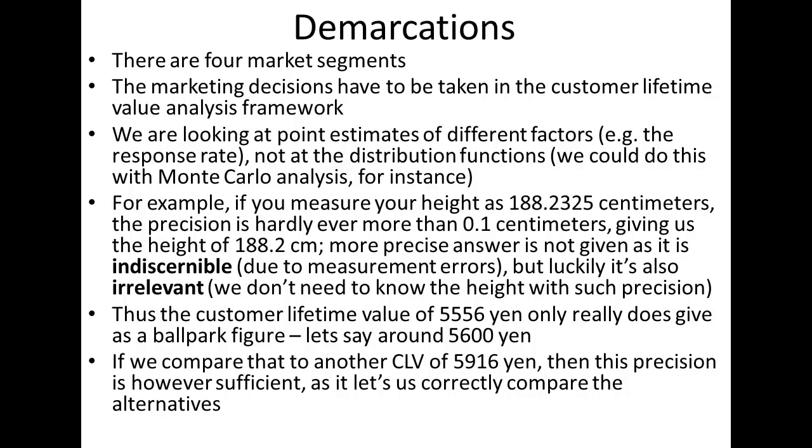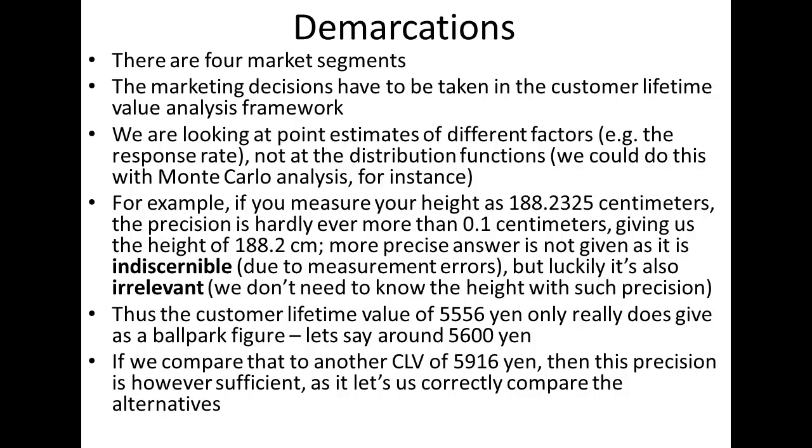That actually makes our model simpler, because if we had used distribution functions, like some probability of 25% joining, some probability of 30 joining, or 20 joining, and so forth, then this more intricate model would have led us to use, for instance, Monte Carlo analysis and get a more precise value for the customer lifetime value of the customer.